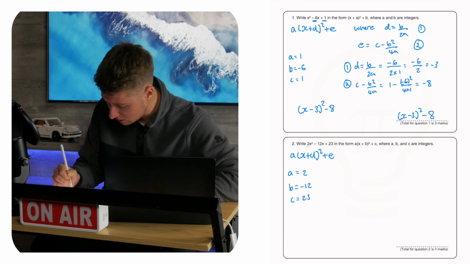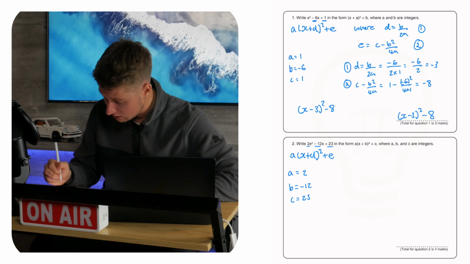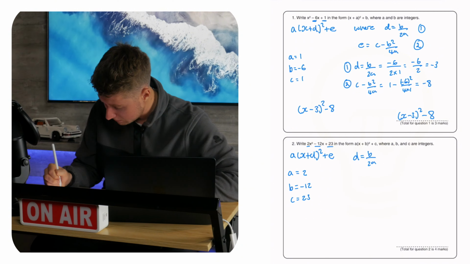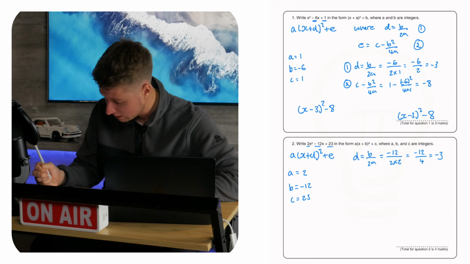And these numbers are just taken from the quadratic equation. So as we said in question 1, d is equal to b over 2a. So b is minus 12 divided by 2 times 2, so minus 12 over 4 is equal to negative 3.